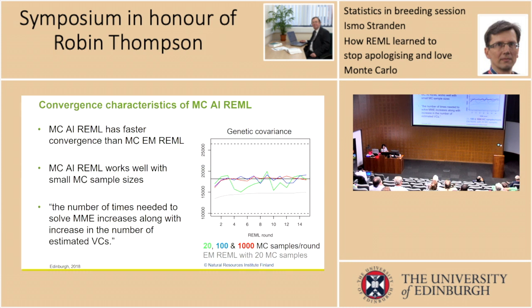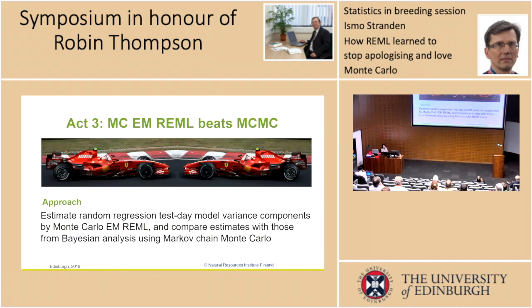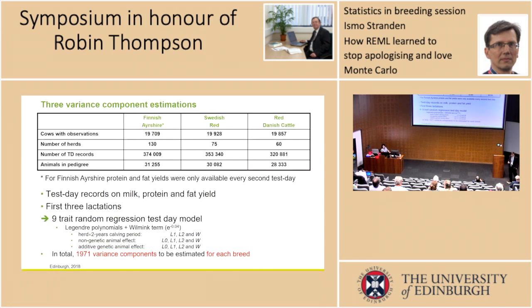We didn't go further with this one, but we went to testing how the Monte Carlo EM REML works against the Monte Carlo Markov-Chain Bayesian method. And we had this kind of small data set from Nordic dairy cattle, 3 breeds, 3 models, 3 different analyses.